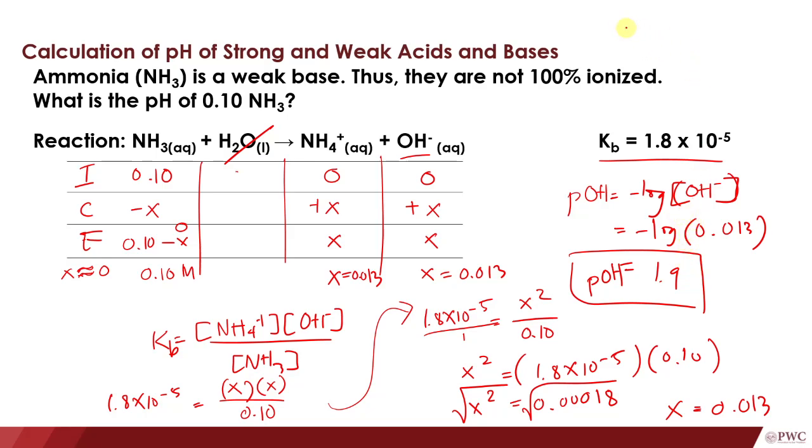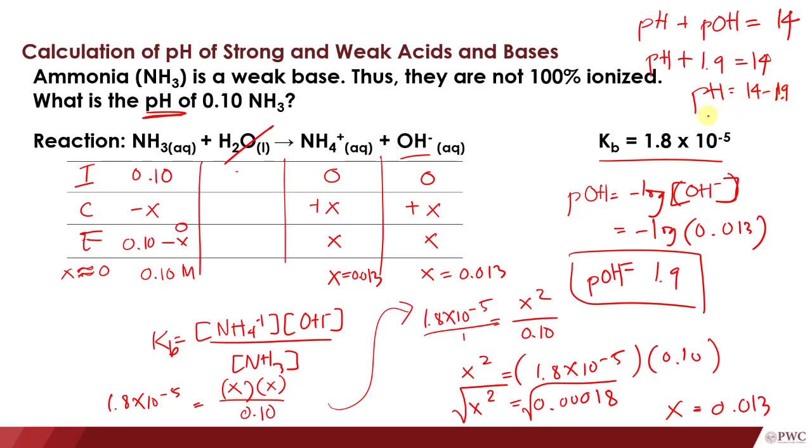So next, to get our pH, again we're asked for the pH here. The pH plus the POH is equal to 14. Our pH is unknown. Our POH is 1.9. To solve for pH, we just subtract 14 minus 1.9.